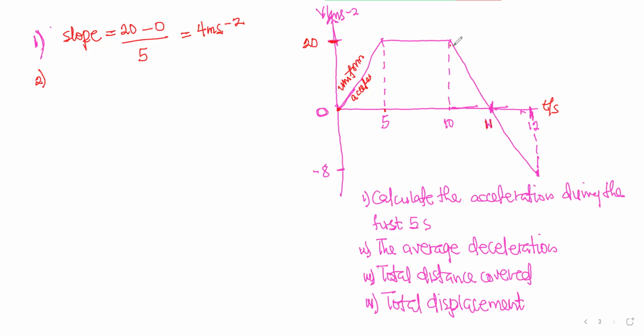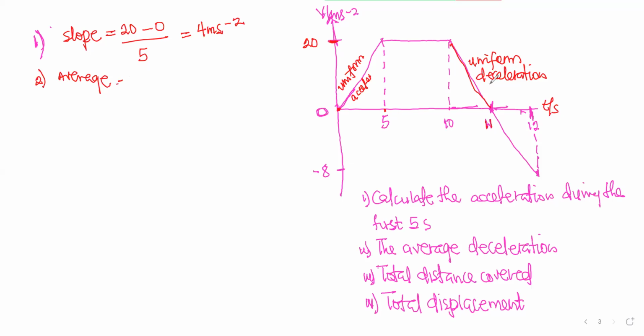So the average deceleration is also equal to the slope during the time interval between 11 seconds and 10.